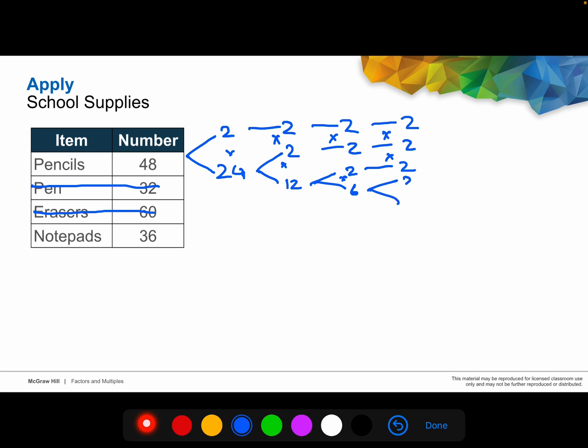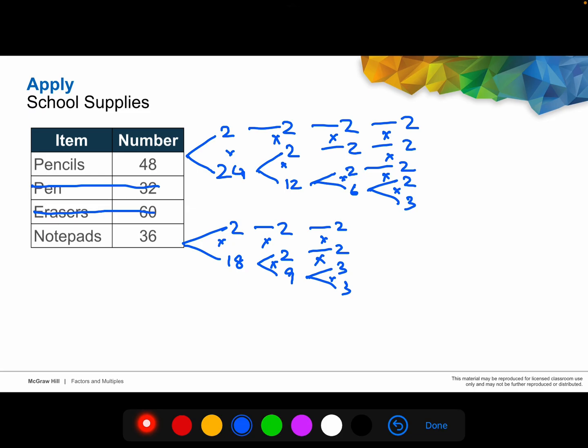And 6 can be written as 2 times 3. I'm going to make a similar tree for the notepads. 36 can be expressed as 2 times 18. That would give me 2 times, again, 18 can be expressed as a product of 2 and 9. So that would be 2 times 2. Again, 9 can be expressed as a product of 3 and 3.